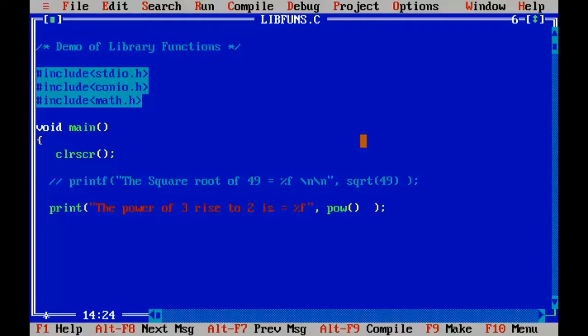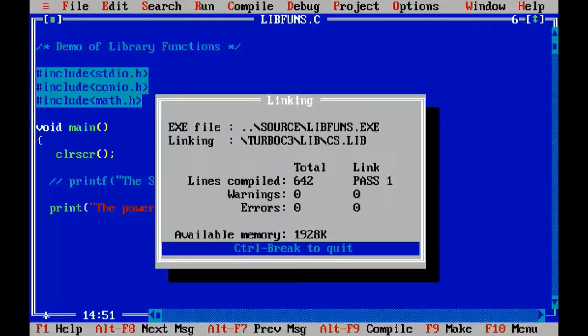So the power of 3 raised to 2 is equal to 3 comma 2. This is how we pass the parameters to this function. 3 is the base number and 2 is the power. Let's run this. So this means 3 into 3, we should expect 9.